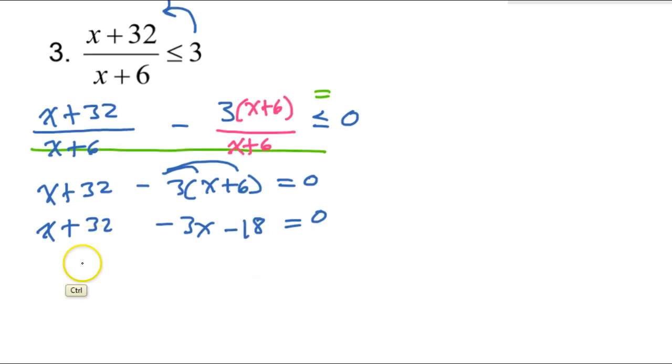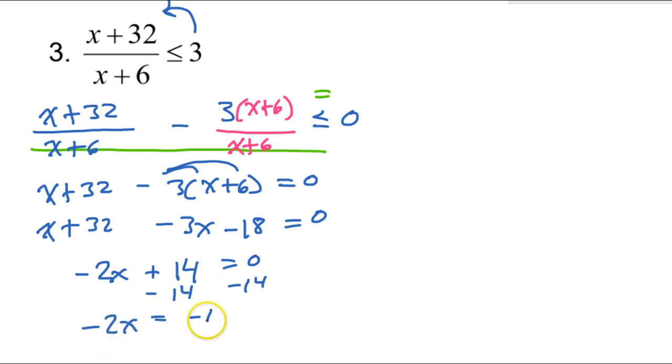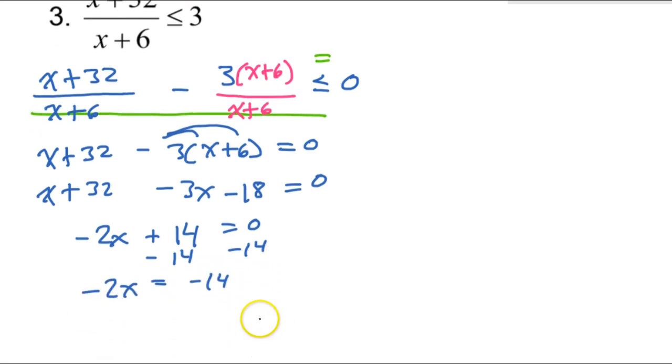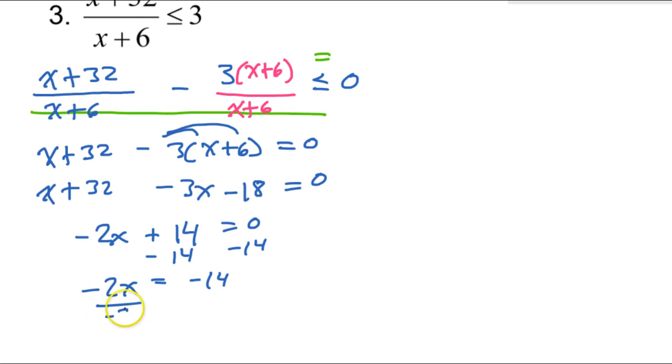So combining like terms, I'm going to have -2x, and then I can subtract 14 from both sides, so that's -2x is equal to -14, and then I'll divide both sides by -2, and I will get x is equal to 7.